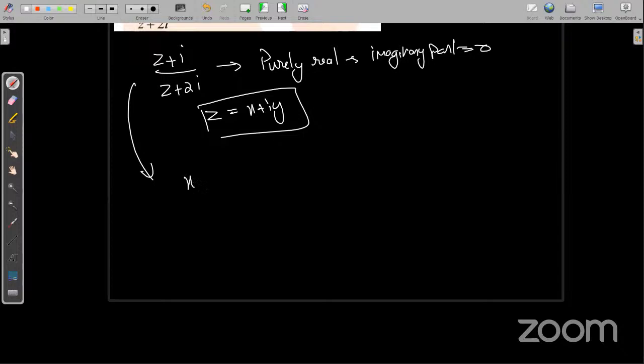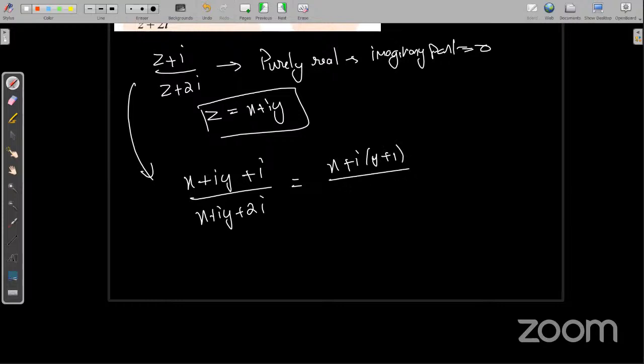So x plus iy plus i, divided by x plus iy plus 2i. That is equal to x plus i times (y plus 1), divided by x plus i times (y plus 2).